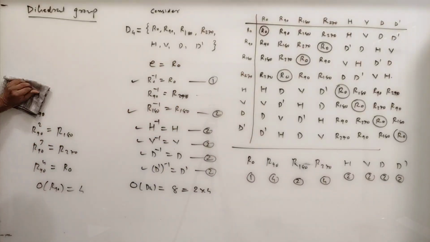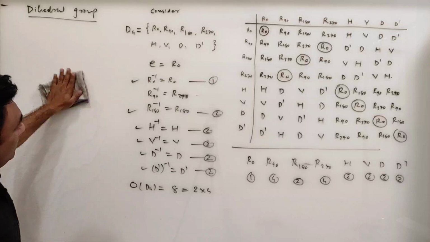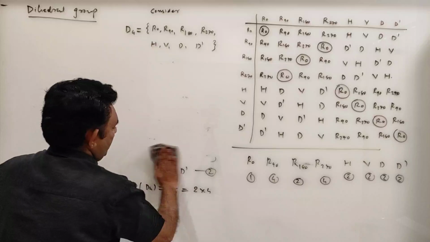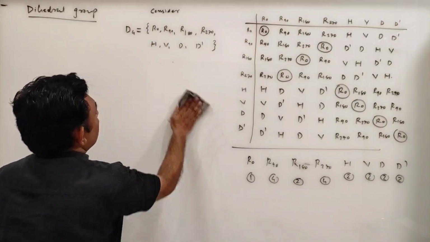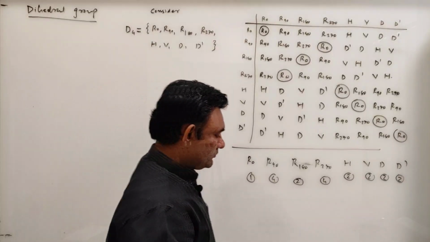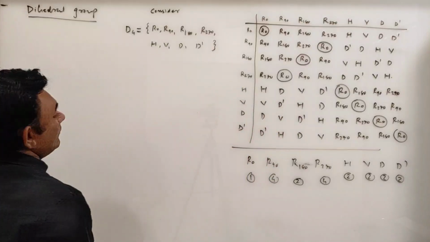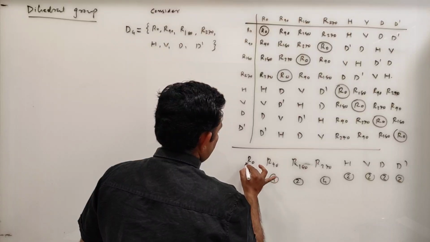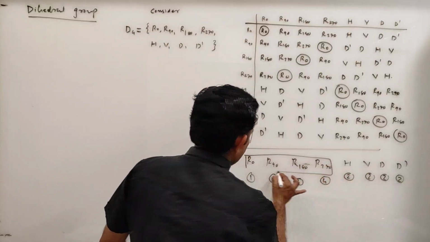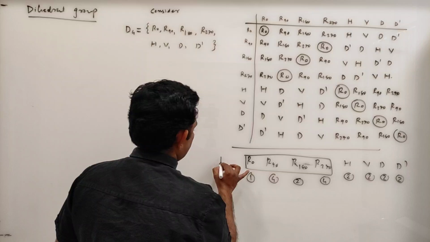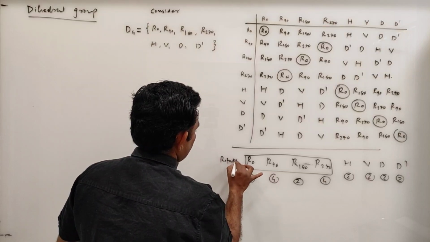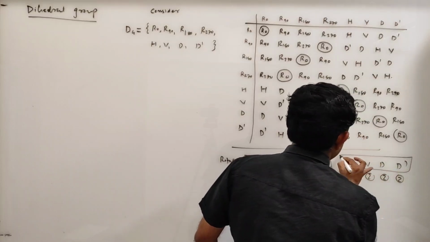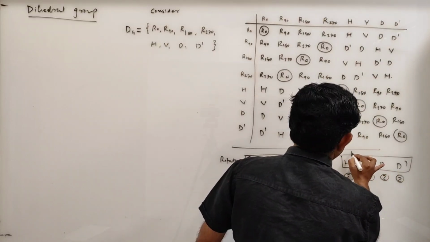Now here these 4 are called rotations and these 4 are called reflections.